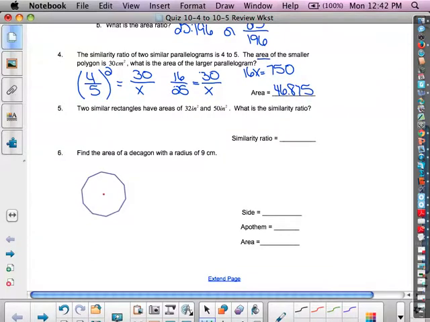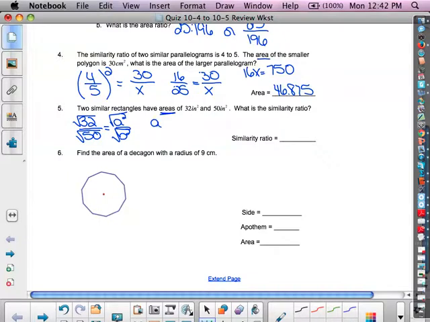Number 5 then says you have two similar rectangles, and they have areas of 32 inches squared and 50 inches squared. So you know that 32 is to 50 as a squared is to b squared. I'm going to take the square root of each of those.